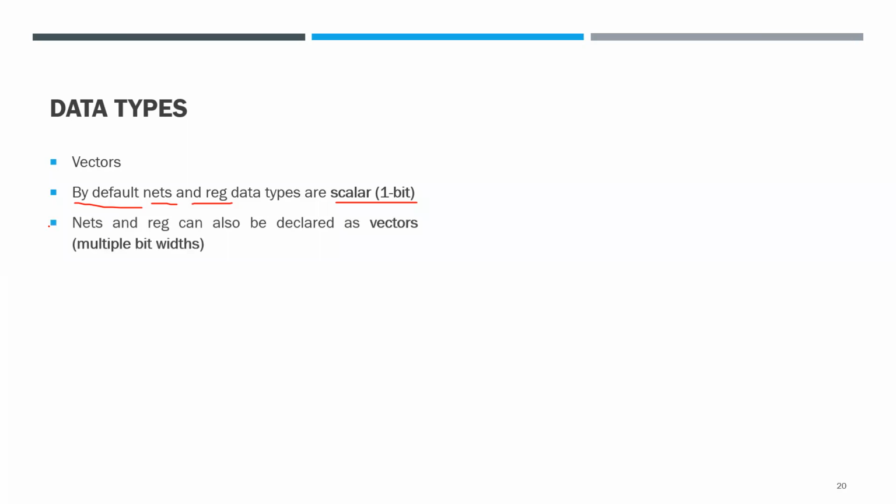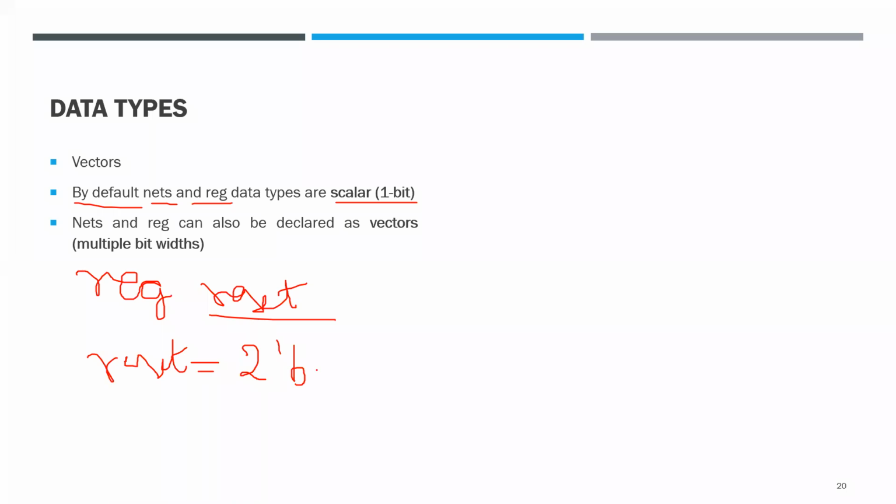Now net and reg, we can declare them as vectors by having more than one bit allocated to them. For example, in reg, previously we had written reg reset. While assigning, I can take 2 bits in binary, as 0, 1.